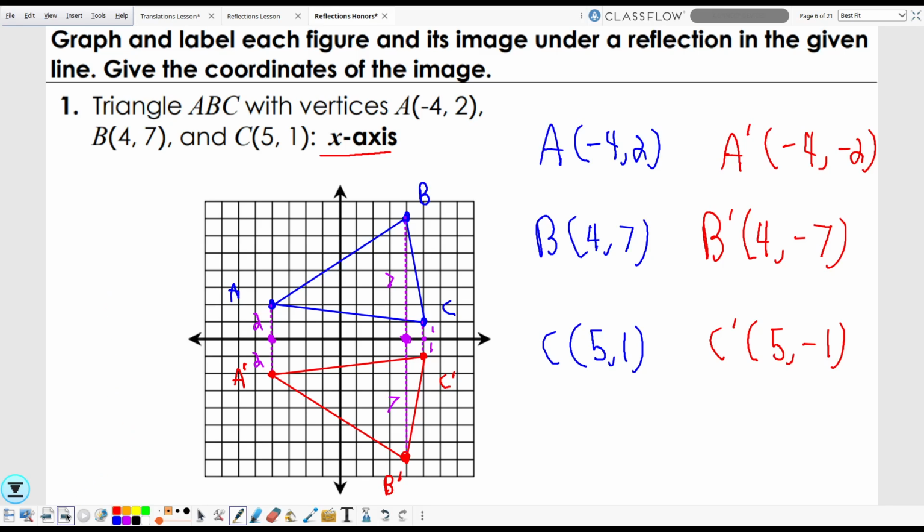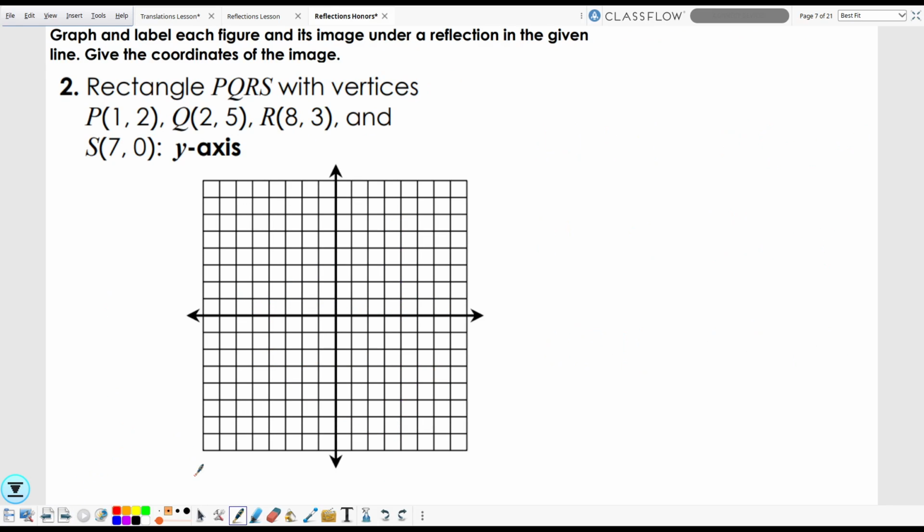All right, let's do another rectangle. So rectangle PQRS. P is the point 1, 2. Q is 2, 5. 1, 2, 3, 4, 5. R is 8, 3.